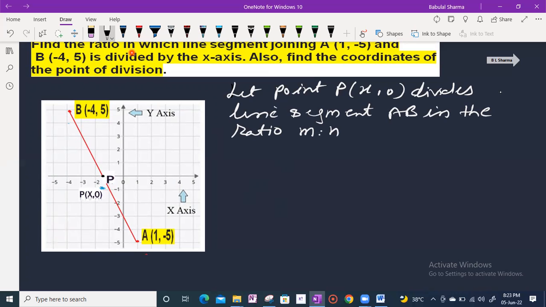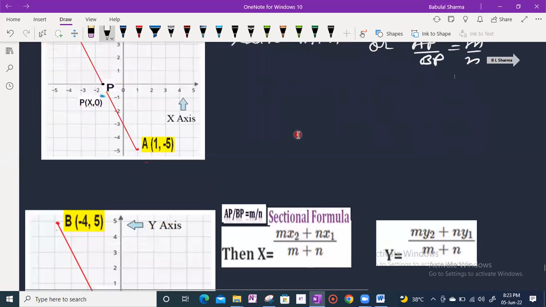It means AP upon BP is m is to n. ये हमने लिया और हमें इस रेशियो को find out करना है कि what is the value of m and what is the value of n. So for this we have to use the section formula.